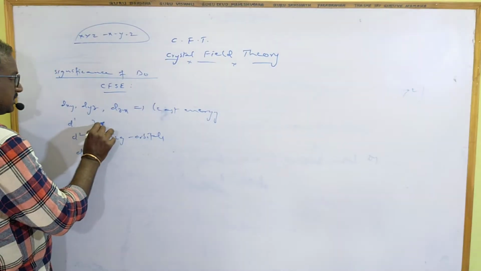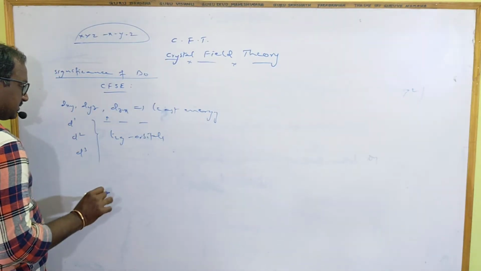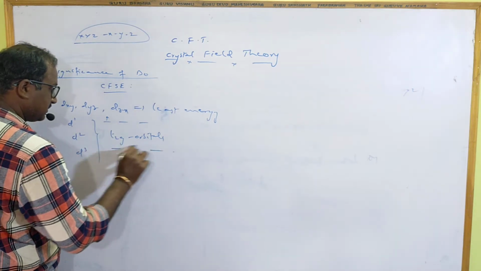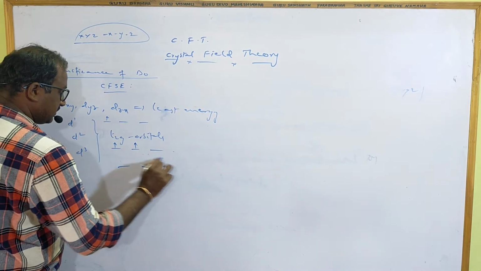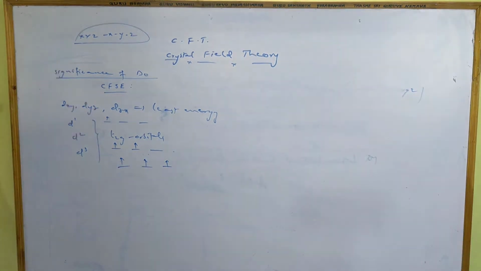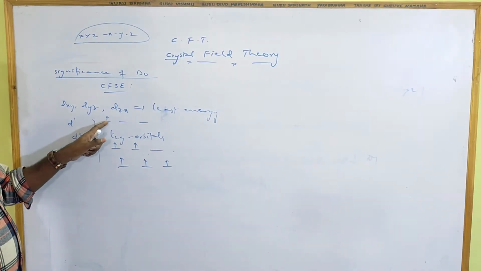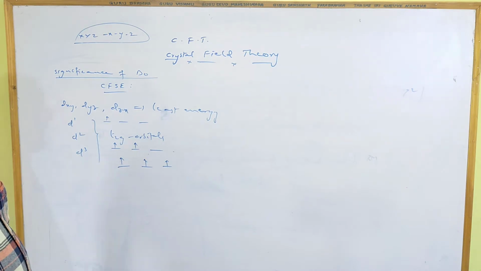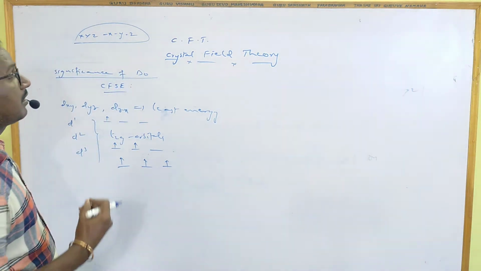How? Suppose for dxy, dyz, dzx, 1 electron goes here, in the next case 2 electrons like this, and in the next 3 electrons like this. These 3 orbitals are degenerate. So d1, d2, d3 will take place like this, whether the ligand is strong or weak.